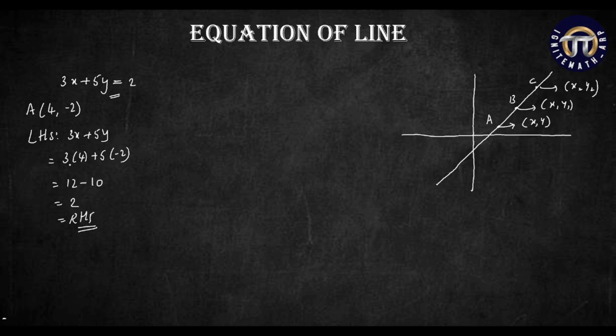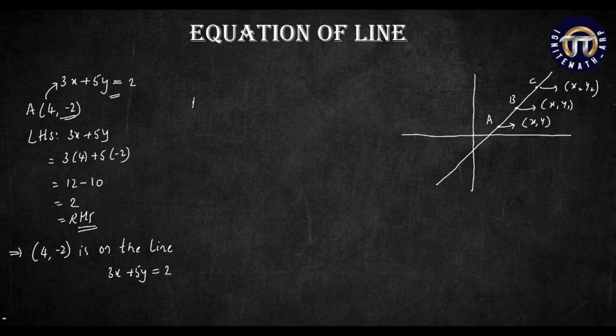So when I substitute the coordinates of the point A in this equation, I am getting RHS. So what does it mean? I can say 4 comma minus 2 is on the line 3x plus 5y is equal to 2.